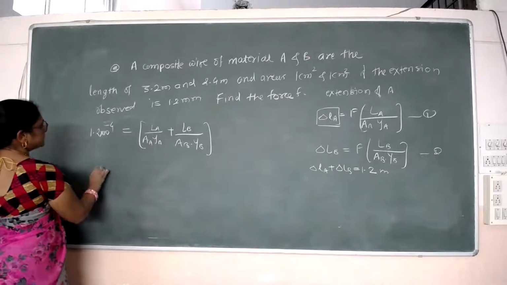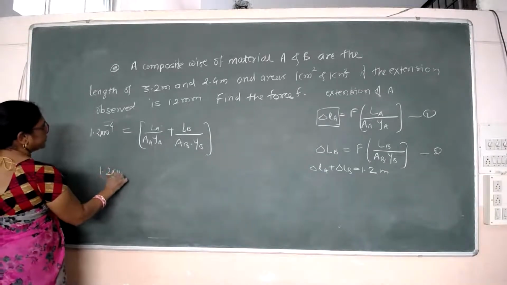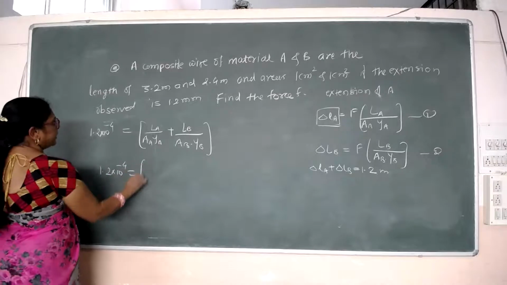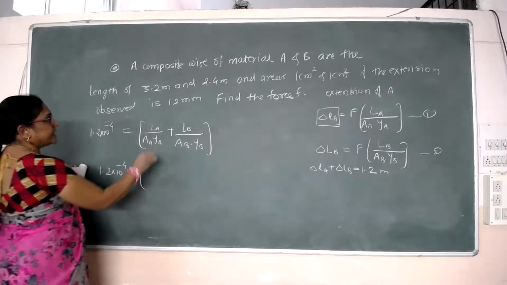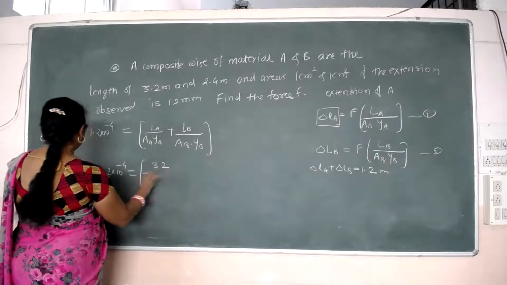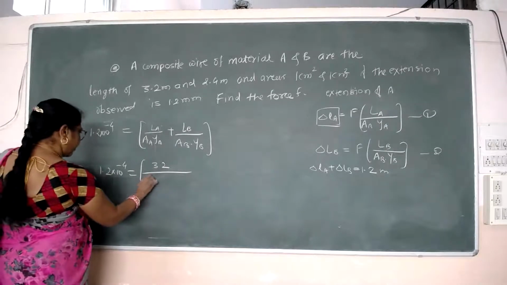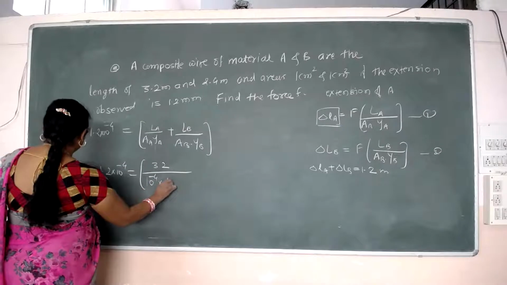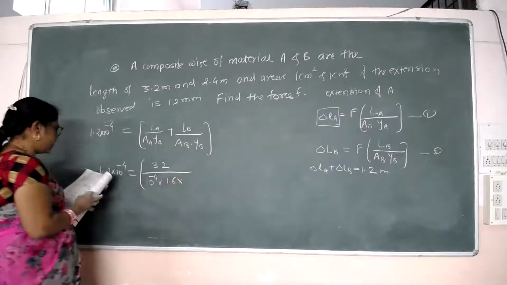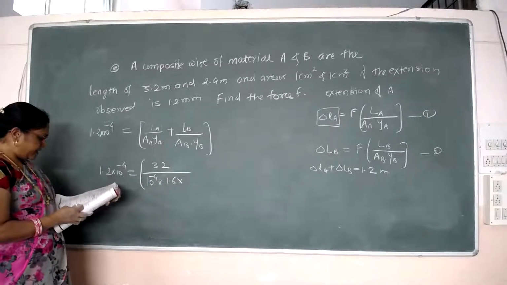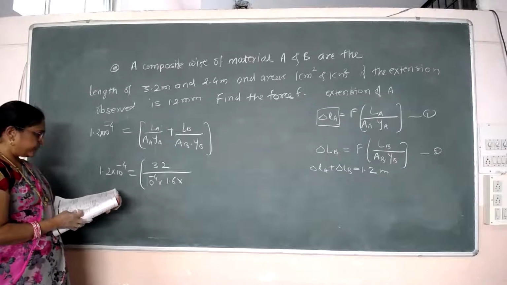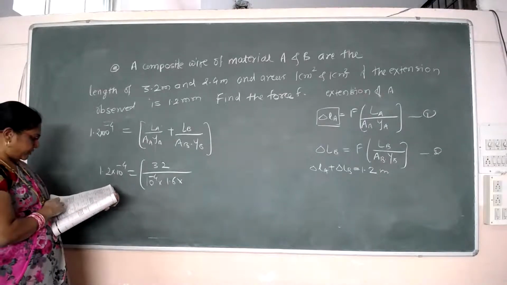Substitute the values. 1.2 into 10 to the power of minus 4 is equal to length of A, which is given as 3.2, divided by the area, which is given as 10 to the power of minus 4, into Young's modulus of A, which is given as 1.6 into 10 to the power of 11.